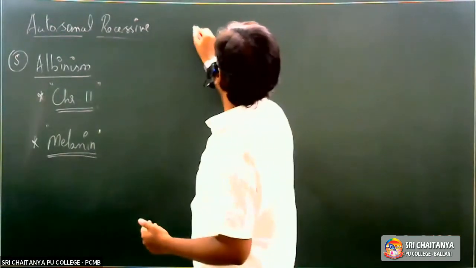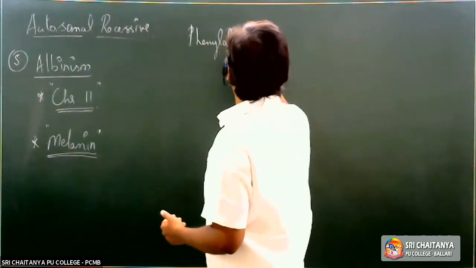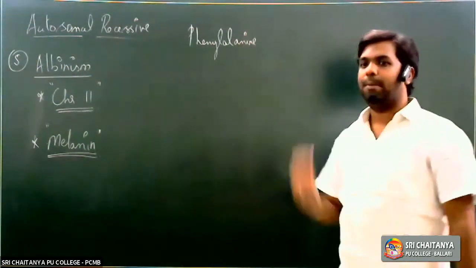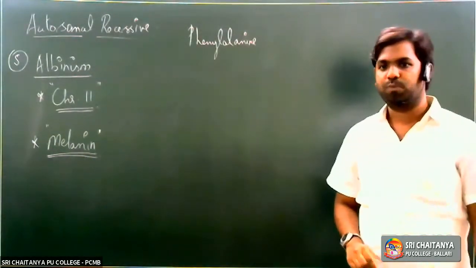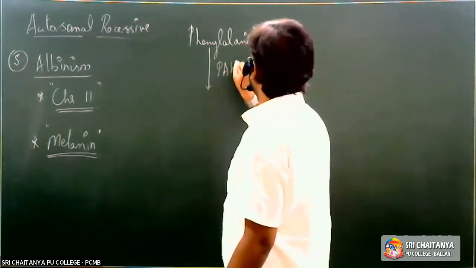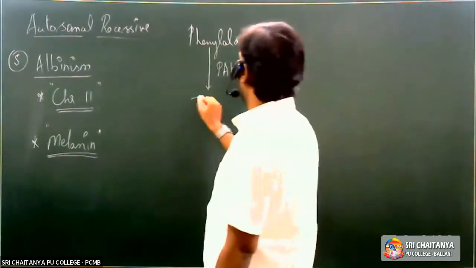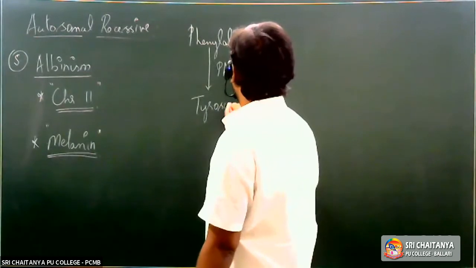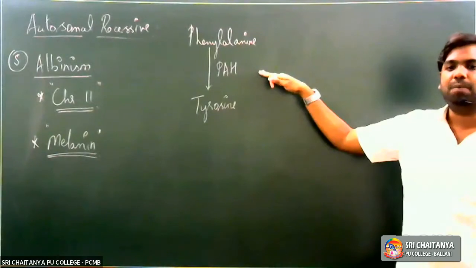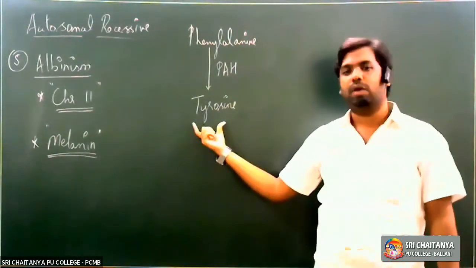What happens is, we have an amino acid called phenylalanine. This is one of the amino acids we have already seen even yesterday. Phenylalanine, under the influence of an enzyme called phenylalanine hydroxylase, would be transformed into another amino acid called tyrosine.